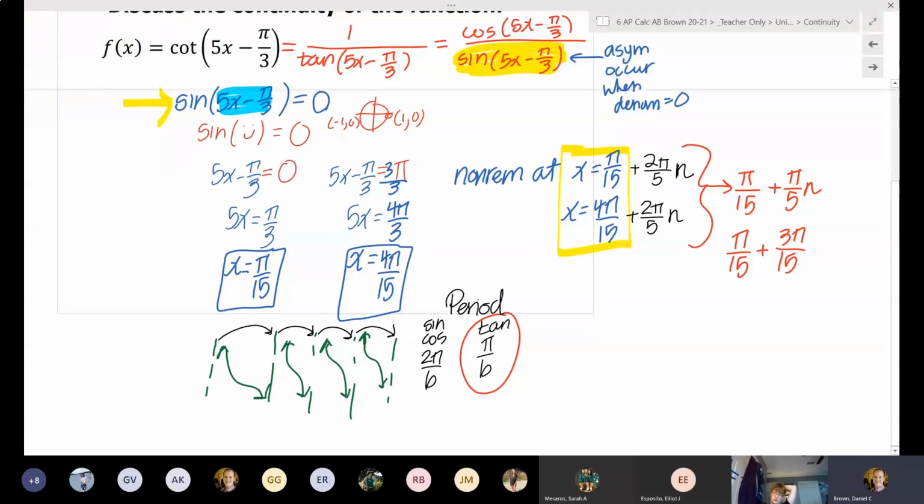And some of you, like you can kind of see, if you start with pi over 15, if you keep adding this 3 pi over 15, like you'll get the 4 pi over 15, and then you'll just keep getting every single asymptote after it. So you can just use the pi over 5, and you would actually have the same answers. And that's probably even the shortest way to write an equation for all the asymptotes. Basically, every time you go over by pi over 5, you hit another vertical asymptote.